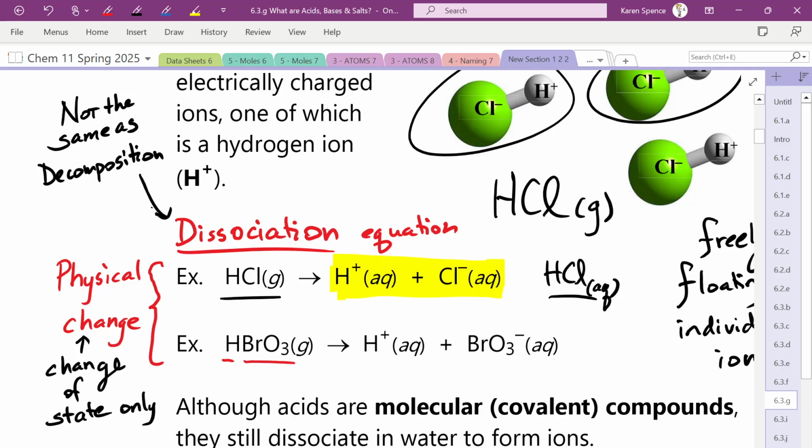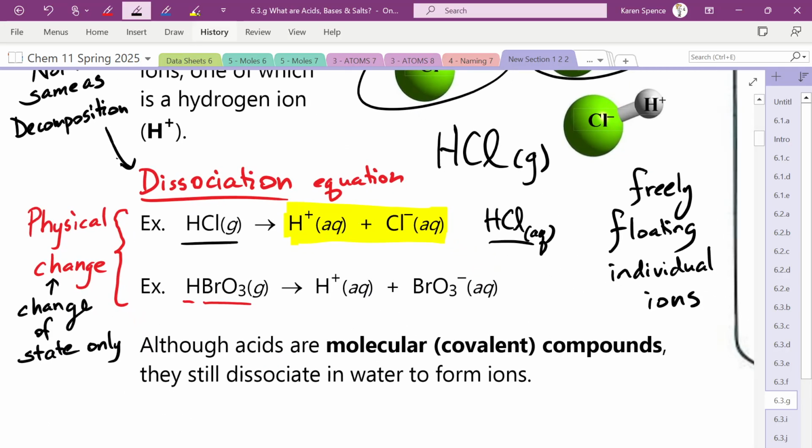I guess a good way to put it would be if you had the HCl and you decomposed it, it would make hydrogen gas and chlorine gas. Whereas if you take HCl and you dissolve it, you get H plus and you get Cl minus. If you were to evaporate the water, you would get HCl back again. Okay? So that's kind of how it's different.